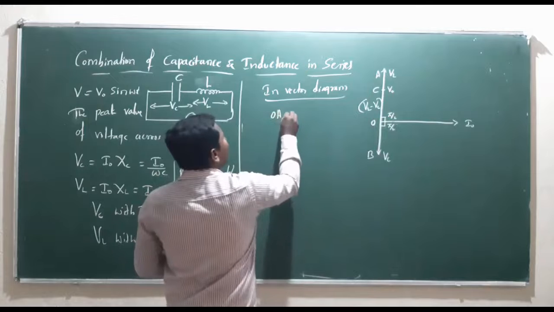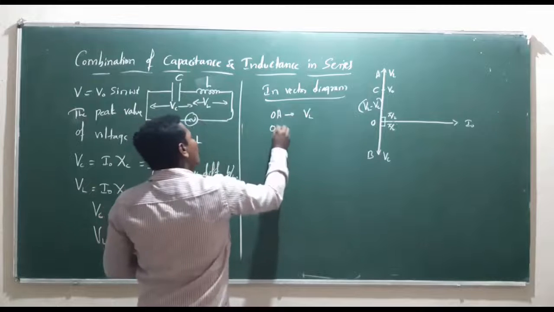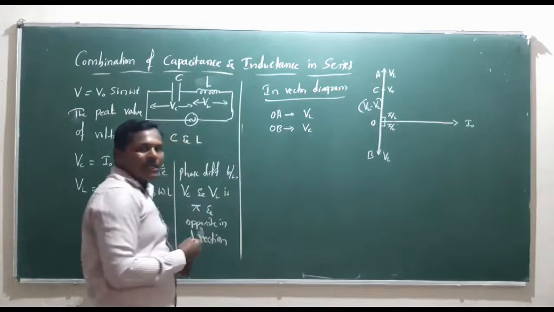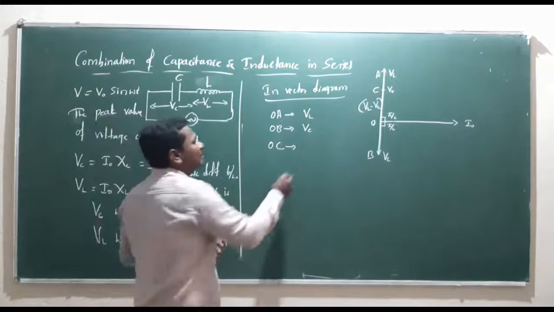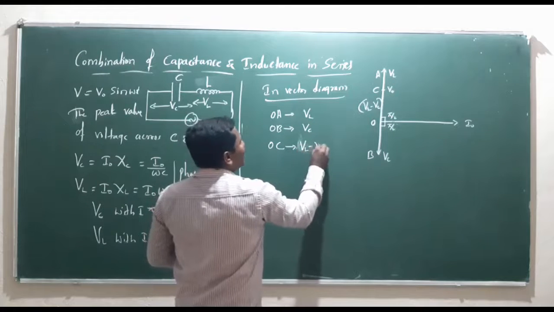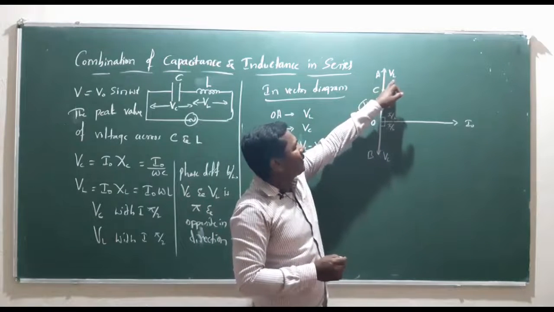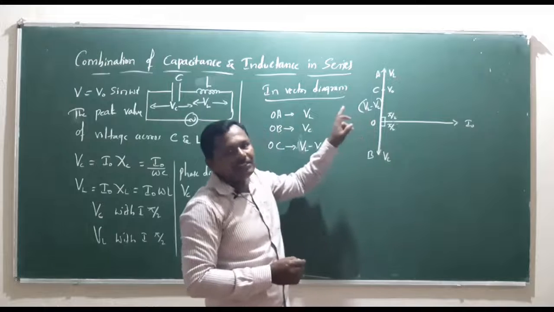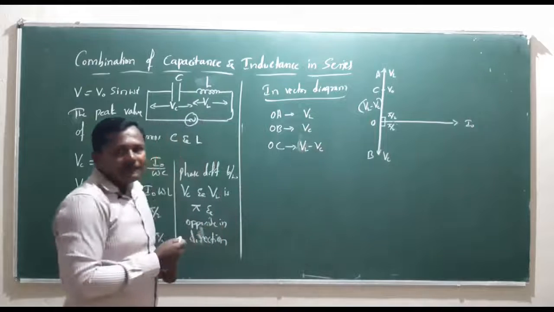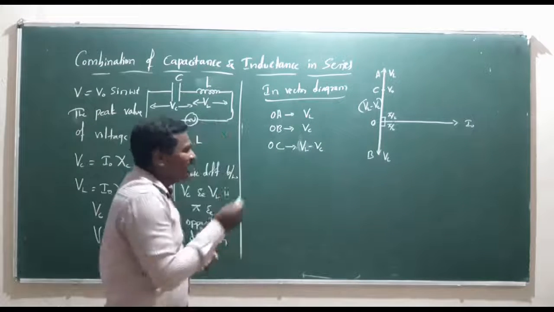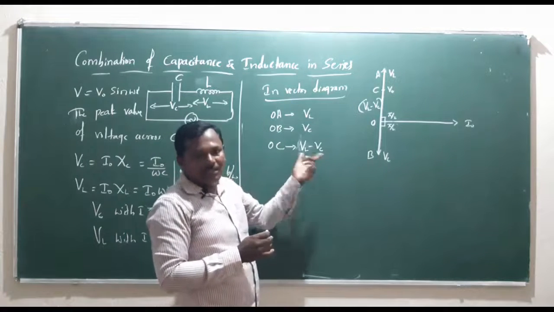Now OA represents the voltage across an inductor, OB represents the voltage across a capacitor, and OC represents the resultant voltage, that is V0, which is equal to VL minus VC. The potential difference V0 is the difference of the voltage across the inductor and the voltage across the capacitor.